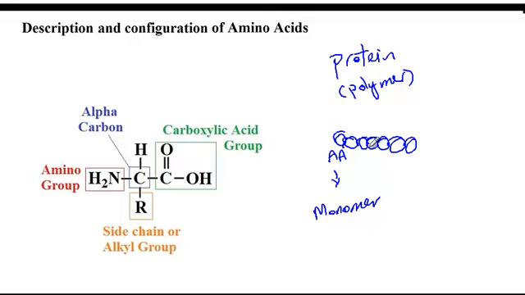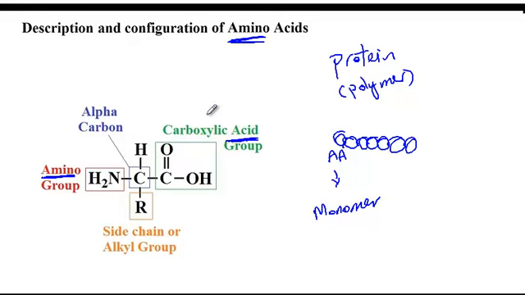Now there are 20 different amino acids out there, but all of them have a similar generic structure, which is shown in this image. All amino acids have an alpha carbon that is bound to an amino group on one end, so here we have the NH2, and bound to a carboxylic acid group on the other end. Since there is both an amino group and a carboxylic acid group, we call these structures amino acids.